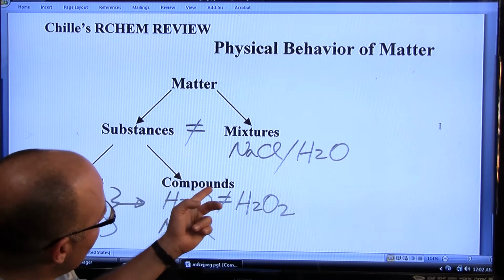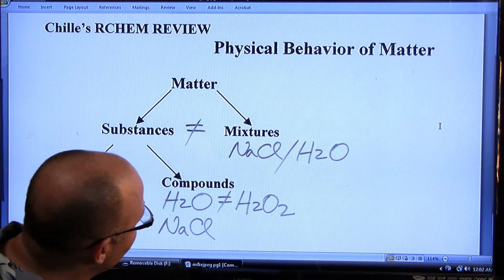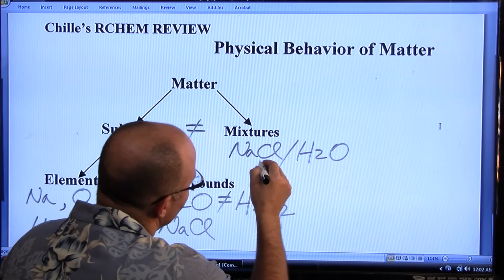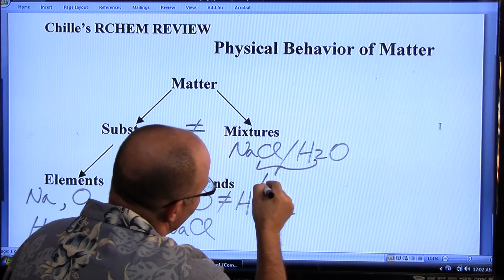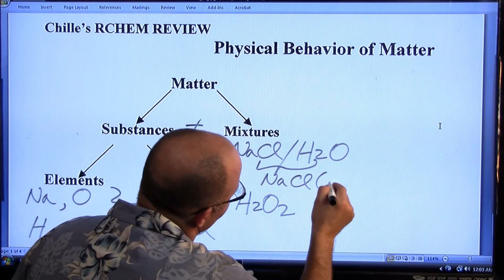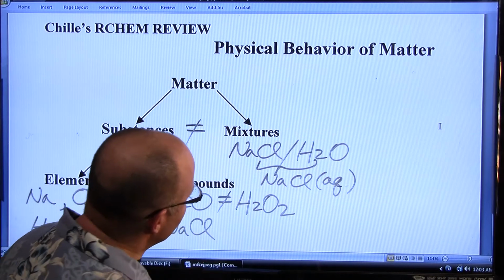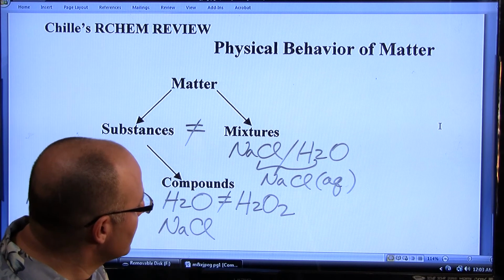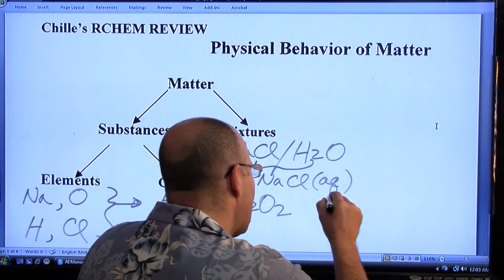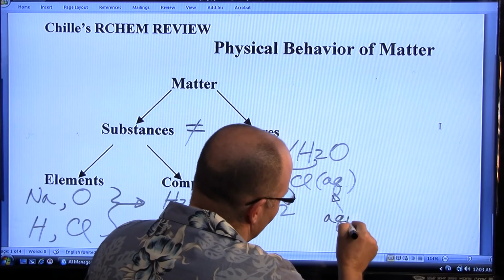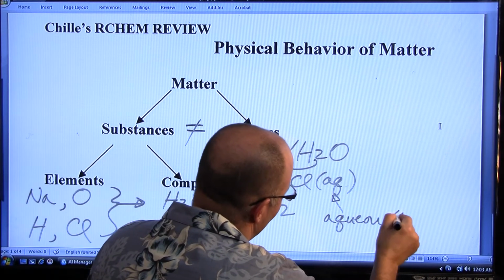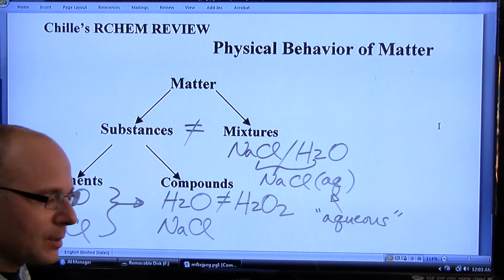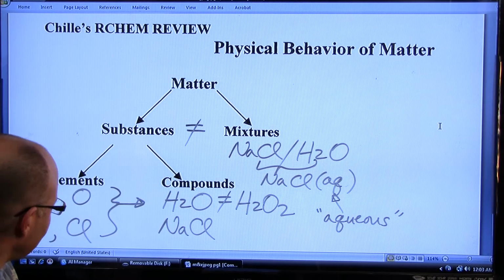So the sodium chloride dissolves in the water, and in fact, this mixture would be abbreviated by NaCl AQ, which indicates that sodium chloride dissolved in water gives us an aqueous solution. AQ here stands for aqueous. We'll talk more about that, the whole dissolving process in solutions, in a later unit.